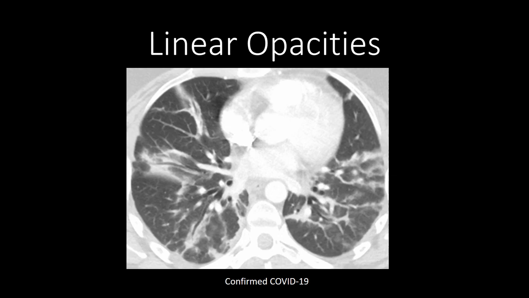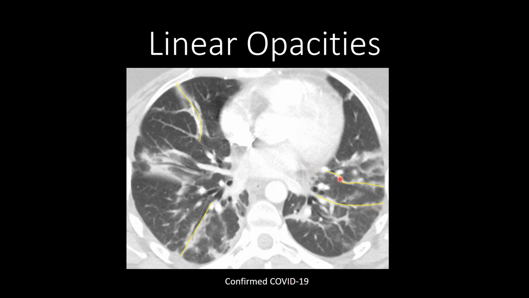This is again a case of severe confirmed COVID-19 pneumonia. This is a nice example of the linear opacities that are sometimes reported. This patient had ground glass predominant disease, but if you look in the right middle lobe here, you can start to see some linear opacities.